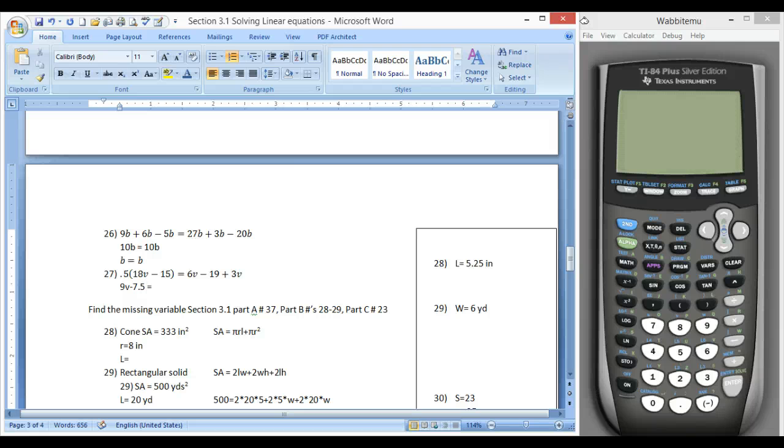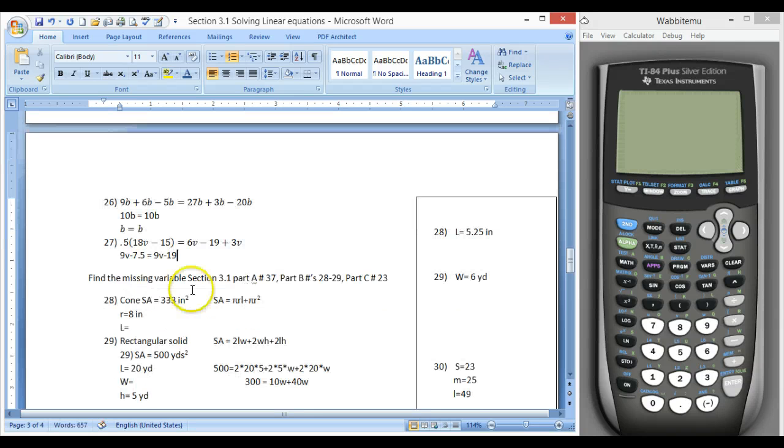Okay, so that's gotten our parentheses to kind of fall off. So now I have 6v plus 3v over here gives me 9v minus 19. Some of you have already stopped and you know the answer. I have 9v minus 7.5 equals 9v minus 19.